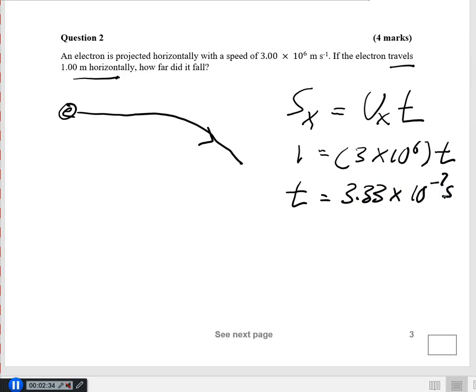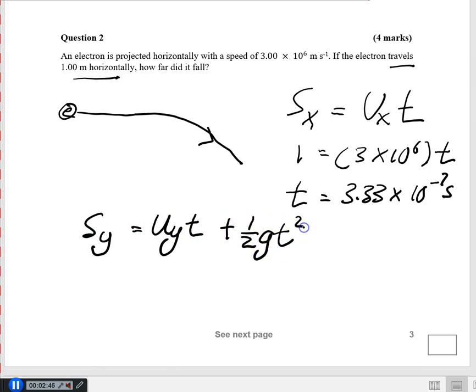seconds. And from here you can use another equation from the projectile, namely Sy equals Uy t plus half g t squared. So what you have here is a time. Ask yourself what is Uy. Uy will be 0 because it's projected horizontally.